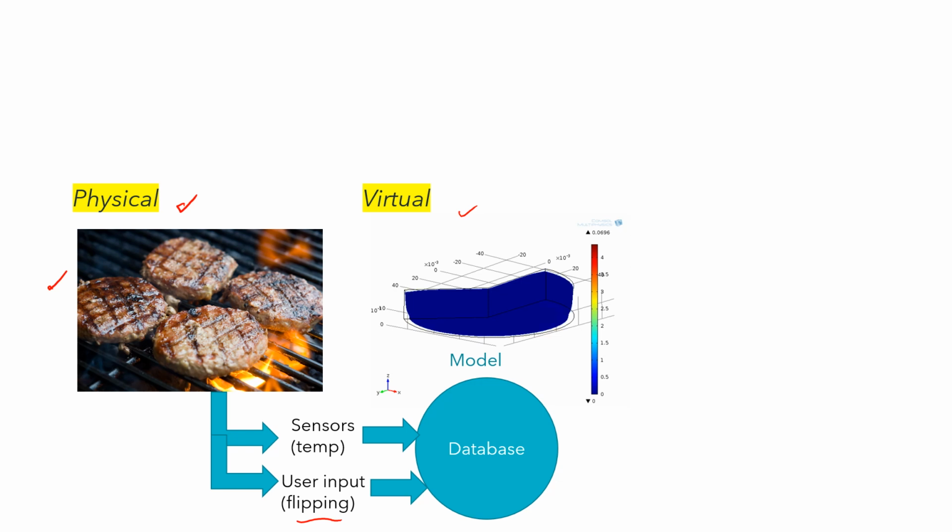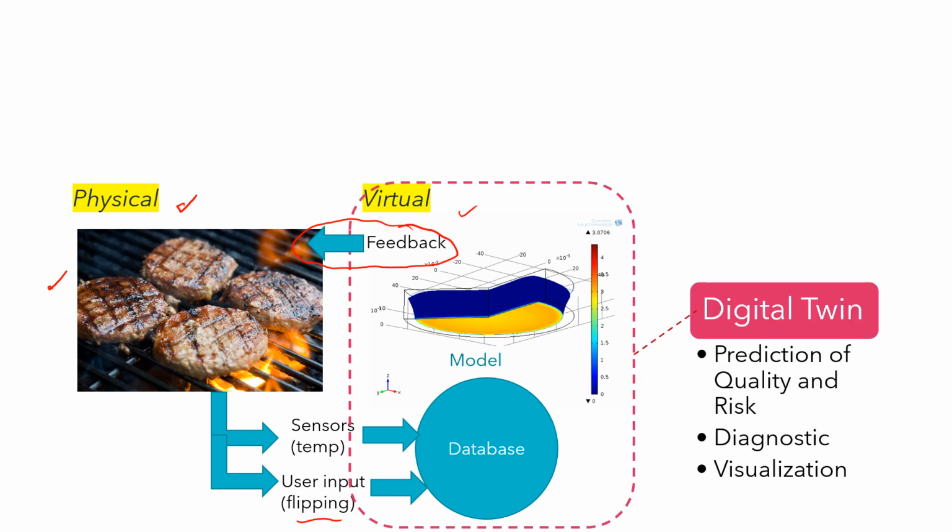So with that, it makes the predictions, and those predictions provide feedback to actually manipulate the meat cooking process. So this is how it completes the loop. This model and the database together is what we would refer to as the digital twin. And so it's connected to a physical process, and plus it has the model and the other pieces.